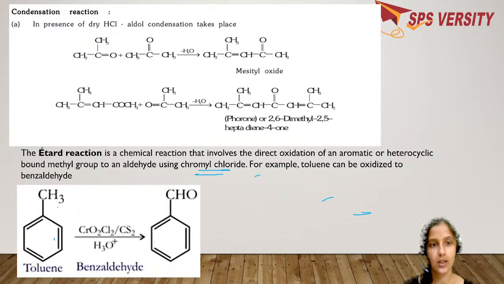So toluene, you have the aromatic compound or the methyl group, which is bound to the aromatic system or the heterocyclic system as well. If you are oxidizing it in the presence of chromyl chloride, the hydrogens will be removed and you are going to add the oxygen. So the toluene is getting converted to benzaldehyde in this particular reaction. This is how you carry out the Etard reaction.